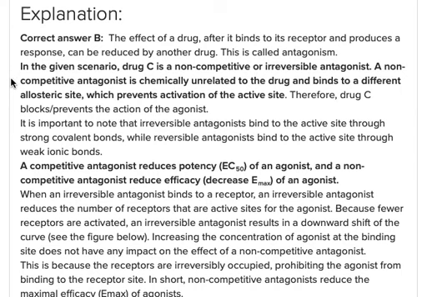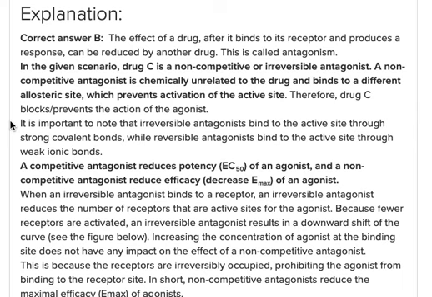A non-competitive antagonist is chemically unrelated to the drug and binds to a different allosteric site, which prevents activation of the active site. Therefore, drug C blocks and prevents the action of the agonist.